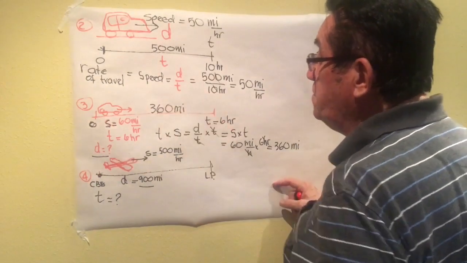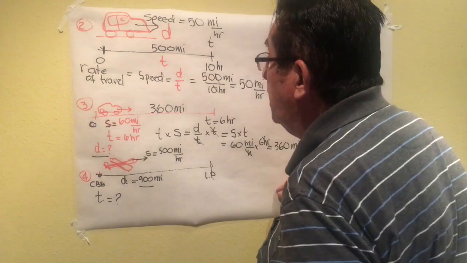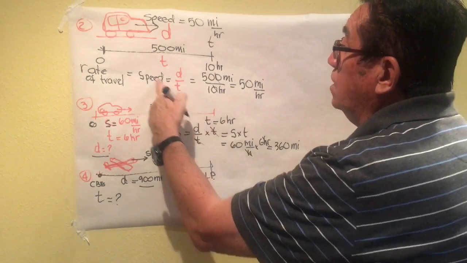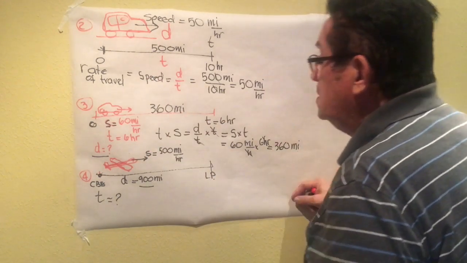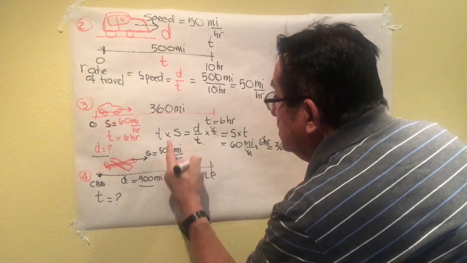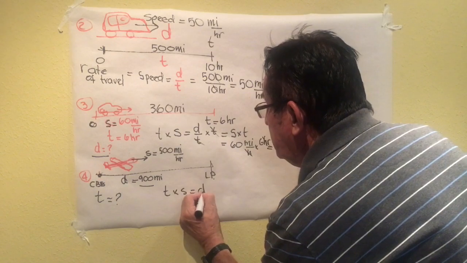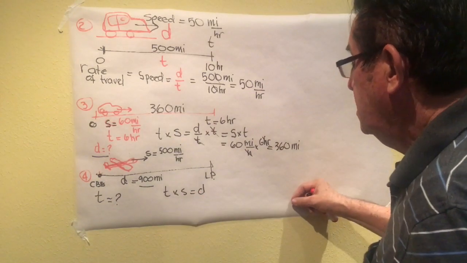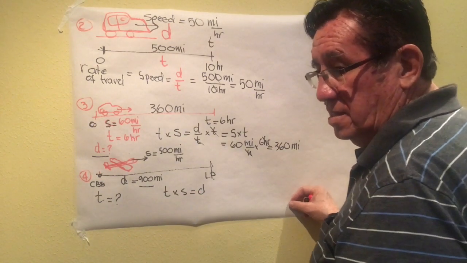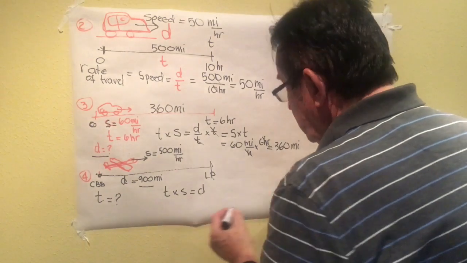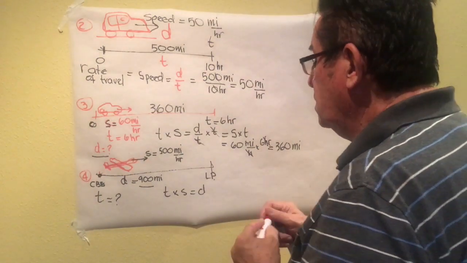Well, if you remember, what we have to do is solve this equation. Since we have t times s equals d, we can simply use the inverse of multiplication.